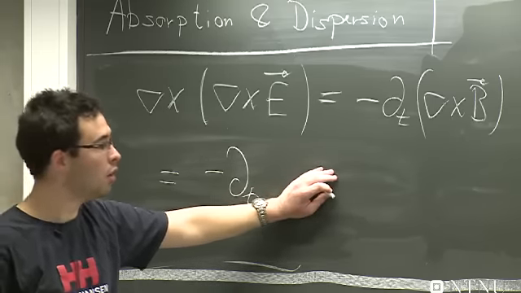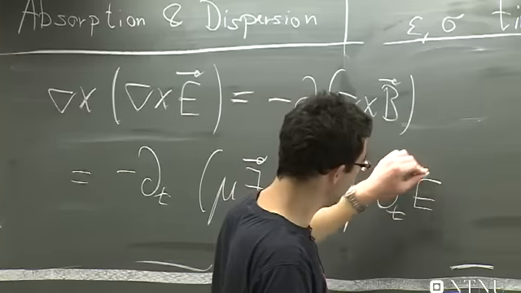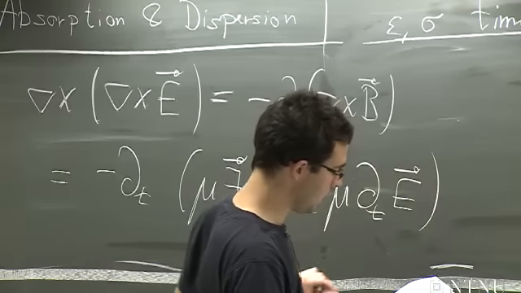Let's see, so we get the time derivative of mu j. I get the mu now because I multiply by mu to get B in Ampere's law, right? And I get plus epsilon mu dt E, like this.